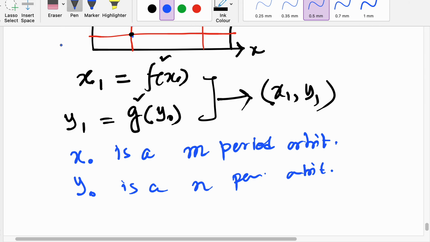That means after the mth generation, you can see the two coordinate system like a prey predator system. Suppose x0 is the population of prey and y0 is the population of predator.